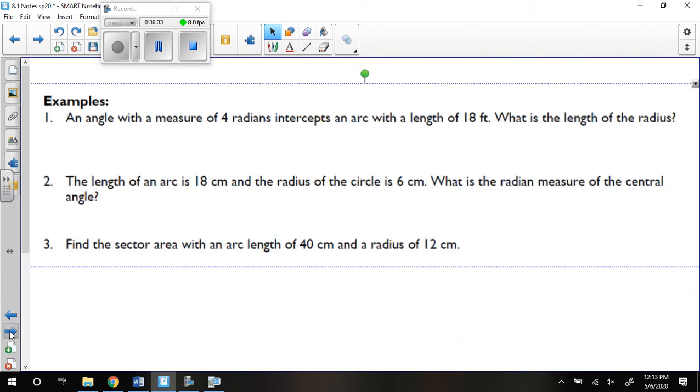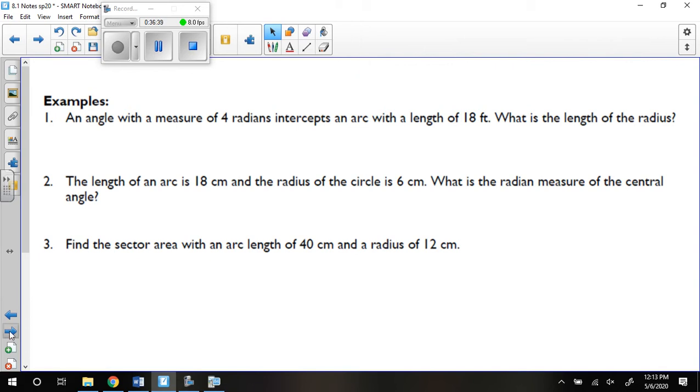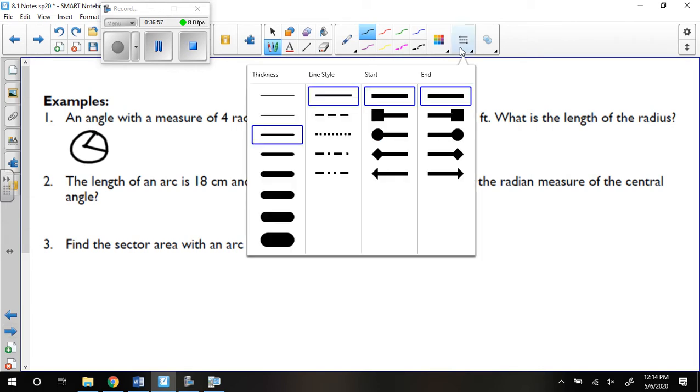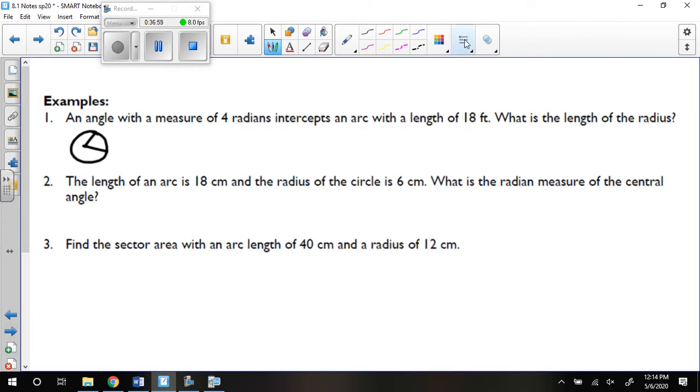All right, so in our first example, we are told we have an angle with a measure of 4 radians, and it intercepts an arc with a length of 18 feet. What is the length of the radius? If I drew a little picture here, I've got an angle, and our angle has a measure of 4 radians.